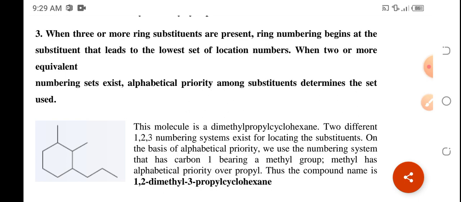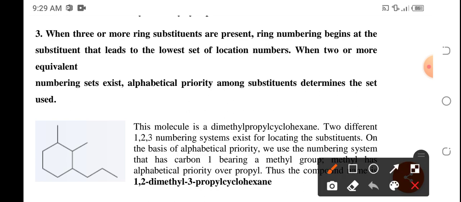Now, how about if there would be 3 substituents or more? Okay, so still you have to number it clockwise or counterclockwise. Choose the one that will give you the lowest set of numbers, and if they are equal, then alphabetical listing or alphabetical priority will determine which direction will be used.